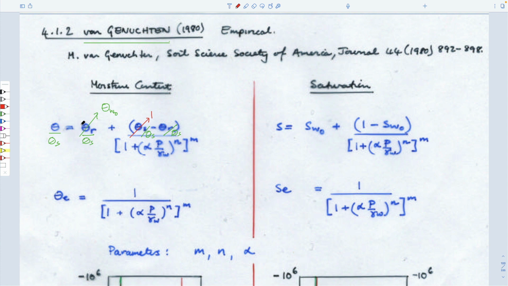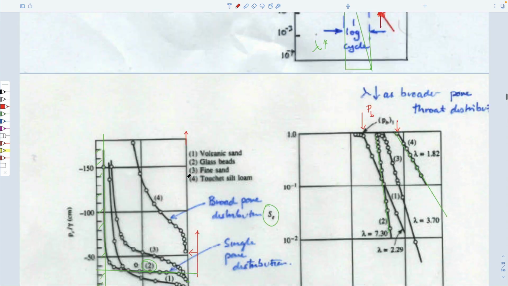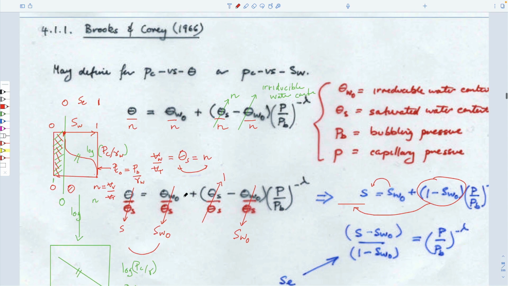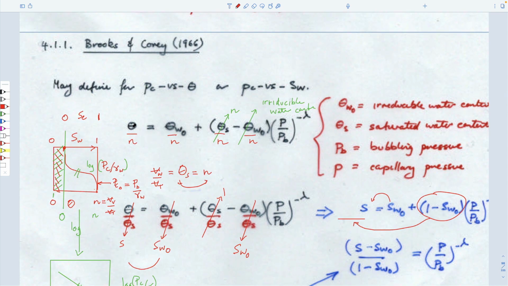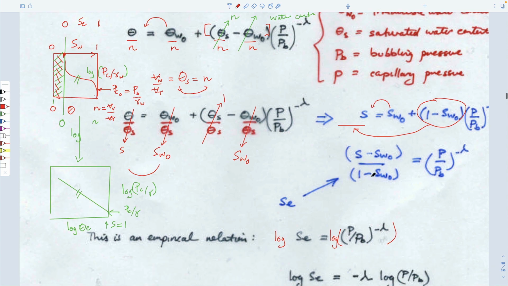and we can subtract this term off to the left-hand side, divide both sides through by this term here, just as we did before. Remember, we rationalized that we would take this term, divide through by the saturated volumetric moisture content, and then subtract this term off to the left-hand side and divide both sides through by this term here to get this relationship here.